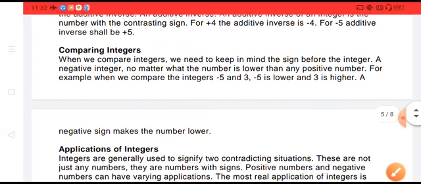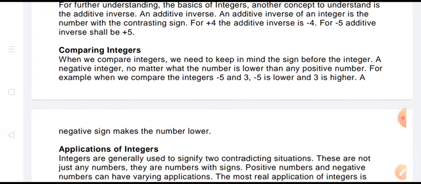Now another example is minus 5, additive inverse shall be plus 5. If we add plus 5 and minus 5, then it becomes 0. So the additive inverse of minus 5 is plus 5.